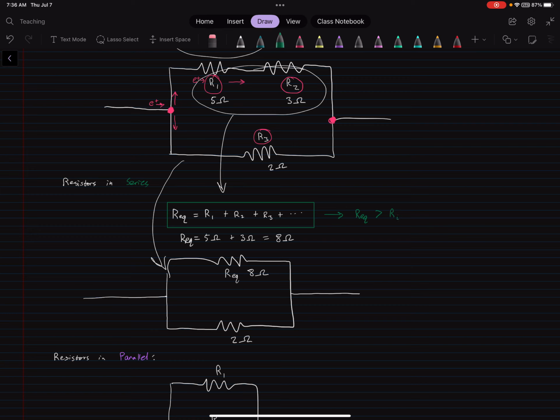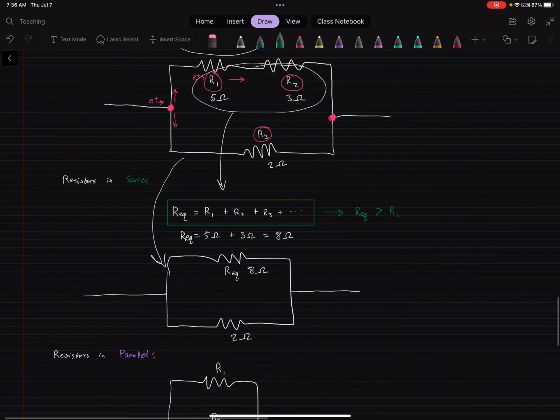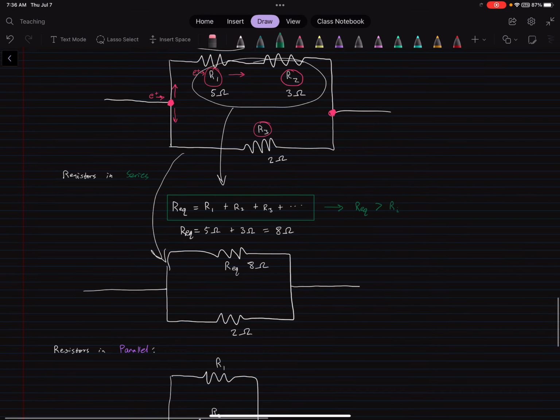So I being a placeholder for R1, R2, R3, or however many there are, any of them, right? R equivalent, the total combined, is greater than any individual resistance of an individual resistor that you're adding together with others, right? That makes sense. I mean, it's R1 plus R2 plus R3, so that makes sense.